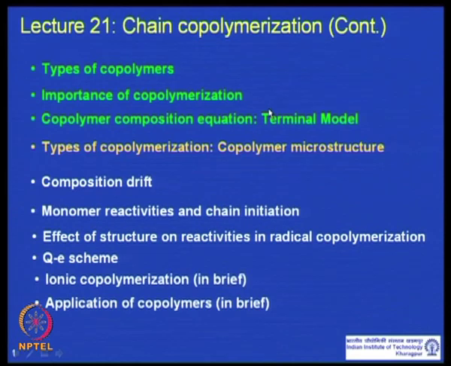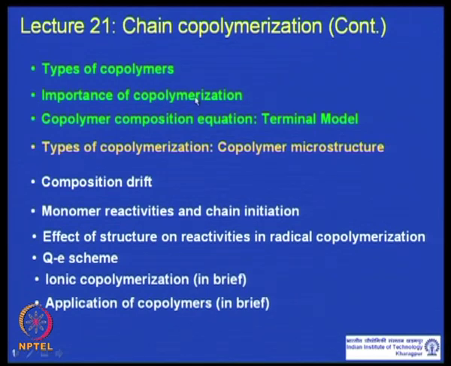Welcome back to this course on polymer chemistry, and in this lecture we will continue our discussion on chain copolymerization, which we began in the last lecture and the lecture before. Now, we have talked about different types of copolymers: random copolymers, statistical copolymers, alternate copolymers, block copolymers.